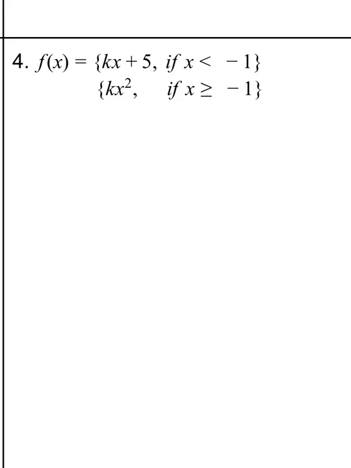Number 4. All right, now x is less than negative 1. That is my left function. X is greater than or equal to negative 1. Greater than is to the right. That is my right function. Okay, first step, left limit. Correct calculus notation.